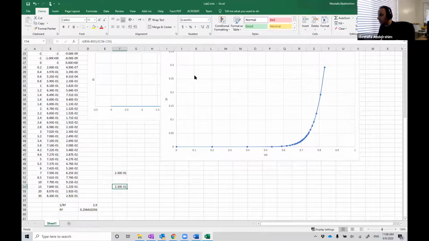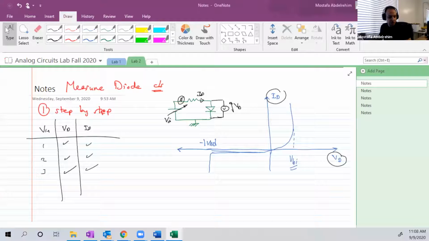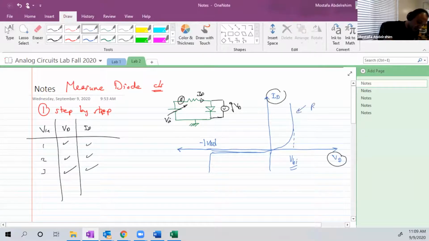Let me give a very quick hint about these results before we go to the second experiment. If we go back to our note here, we discovered that the resistance here is 0.2 ohms.